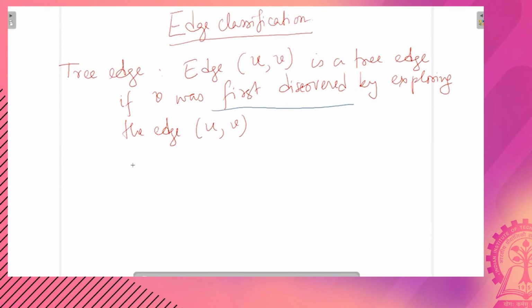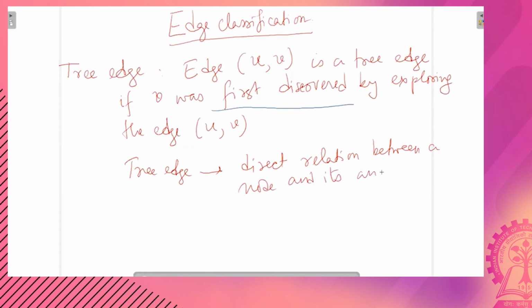So the tree edge therefore establishes a direct relation between a node and its direct descendants.